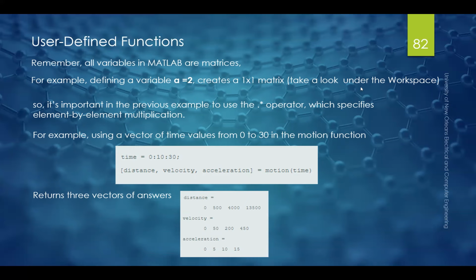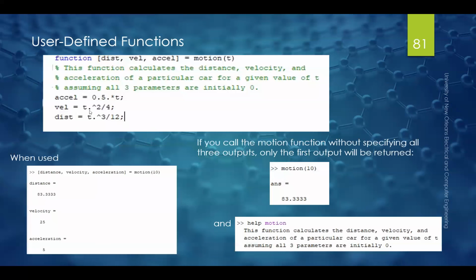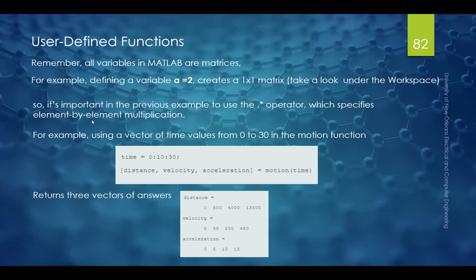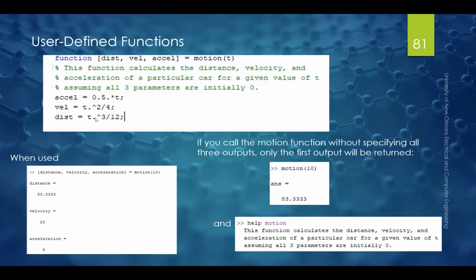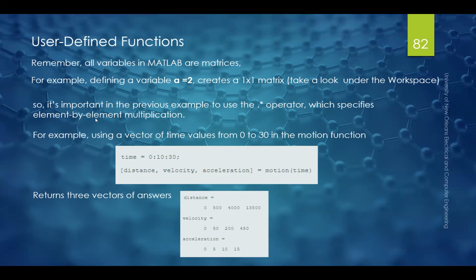If you double click on that variable under the workspace, it'll show up as a 1-by-1 matrix. So it's important in the previous example for us to use this dot operator, which specifies element by element multiplication. That's just a reminder of why this period is there.